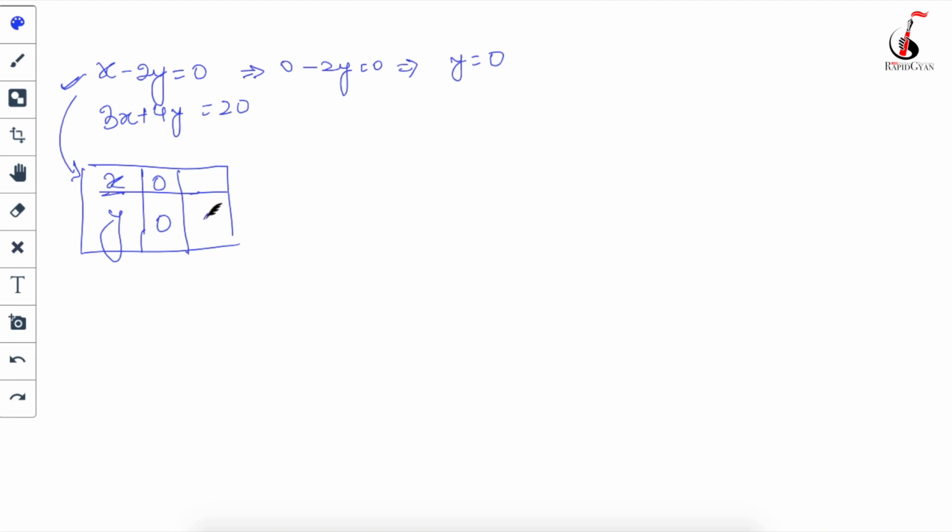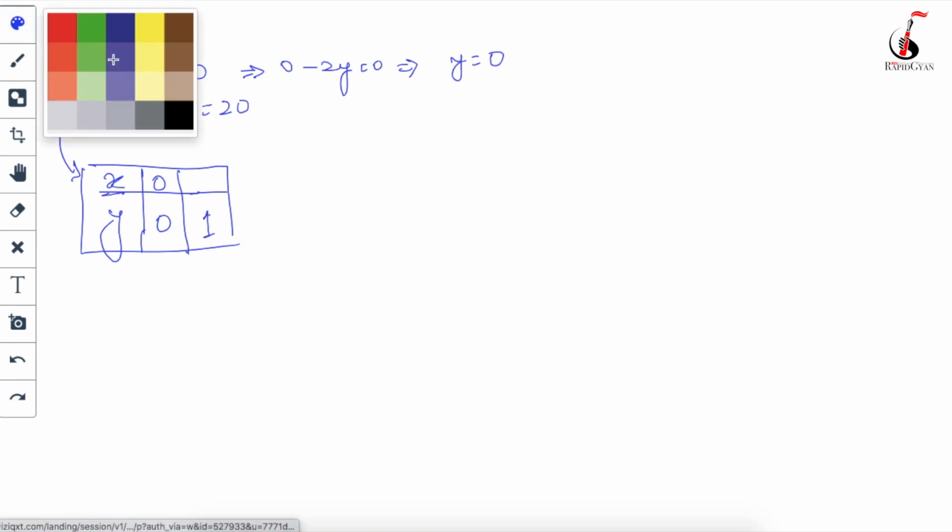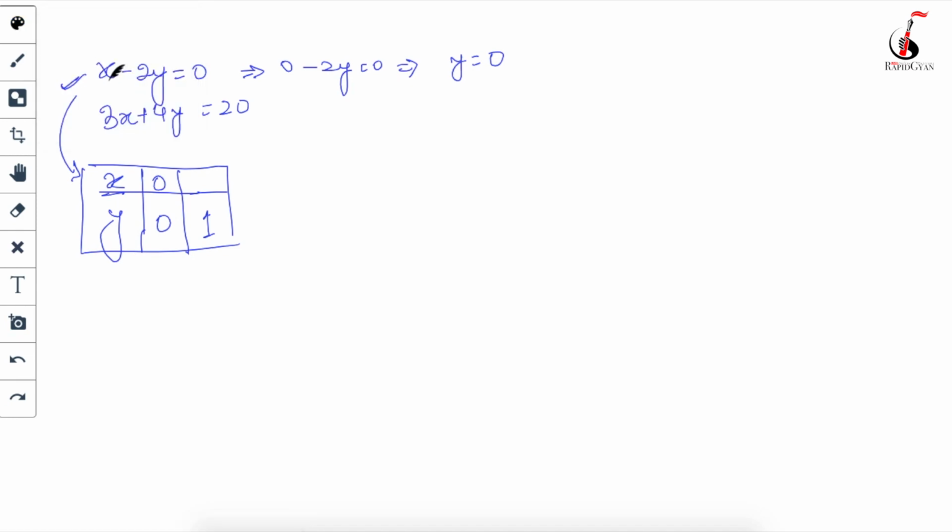Let's take y equal to 1. Then x minus 2y equal to 0 means x minus 2 times 1 is equal to 0, which means x is equal to 2. So I got two values for equation 1. This is your equation 1. Now this is your equation 2. Correct?